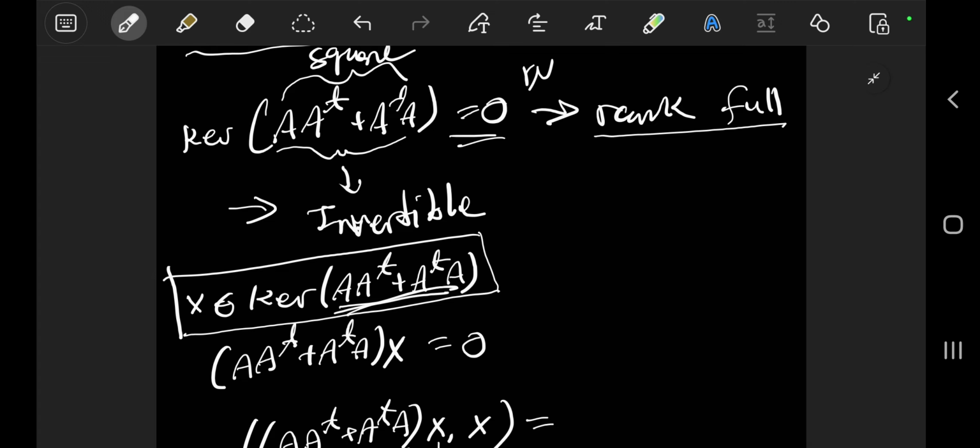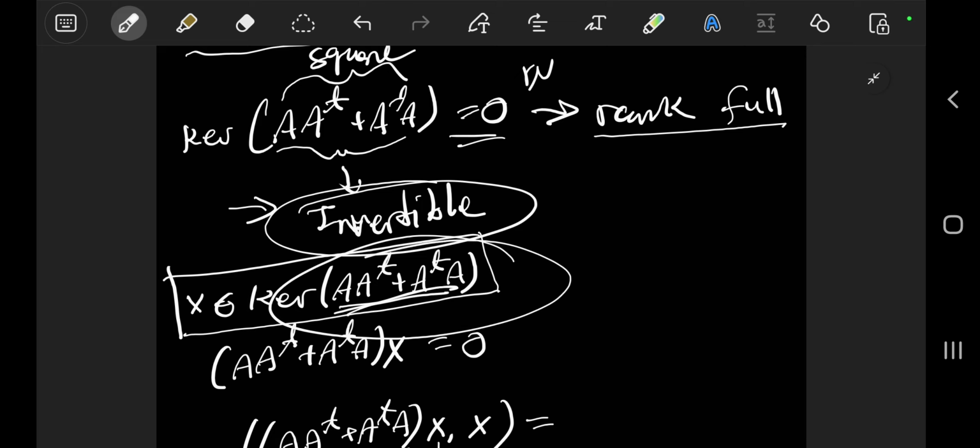And if the rank is full, it means that the matrix is invertible. So this matrix, as needed, is indeed invertible.